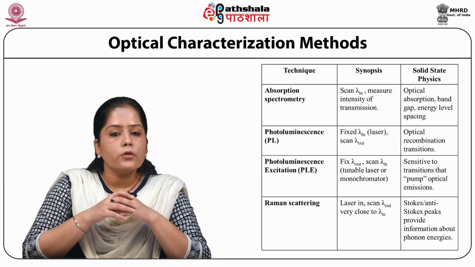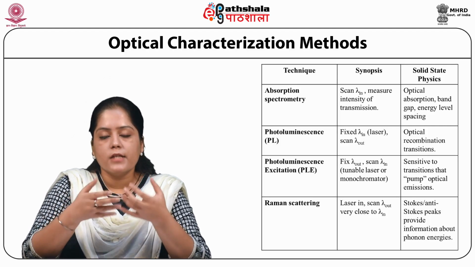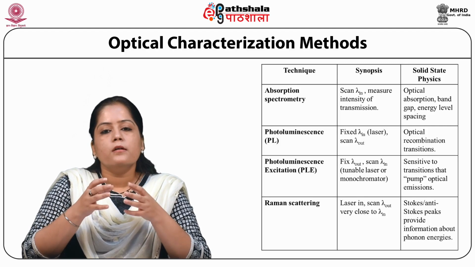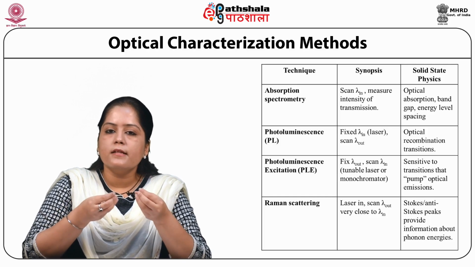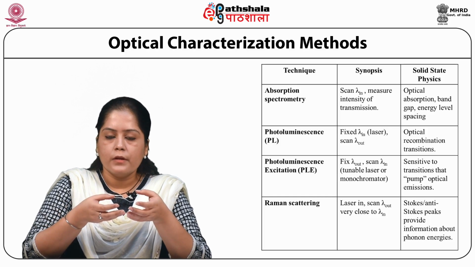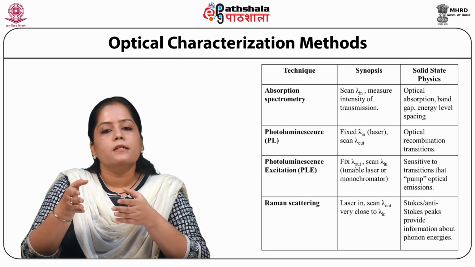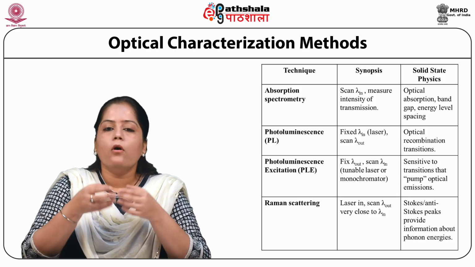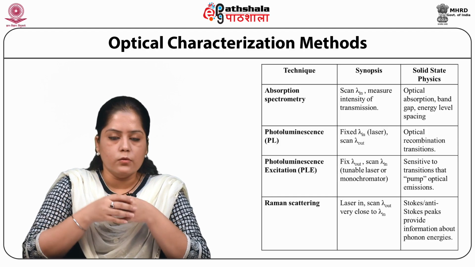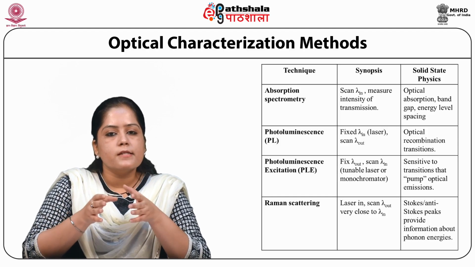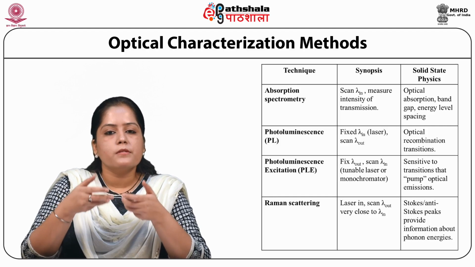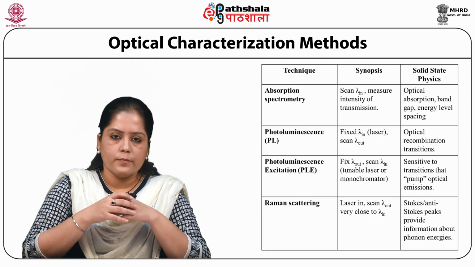Next is photoluminescence excitation, PLE. Here we fix the detection wavelength and scan the excitation wavelength, lambda. So a tunable laser or monochromator is used. It is sensitive to transitions that pump the optical emission.